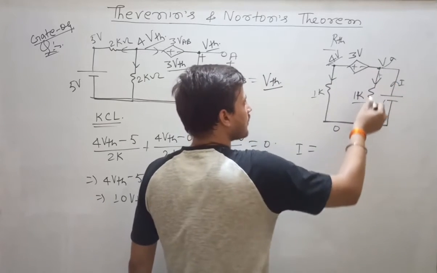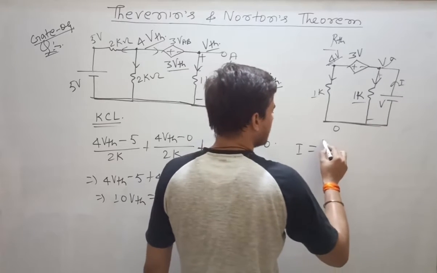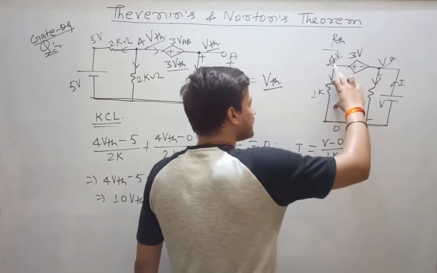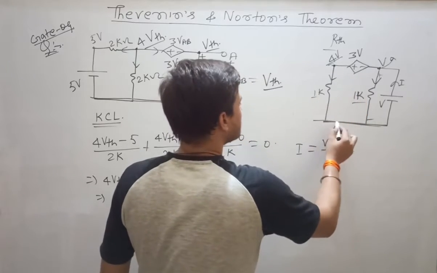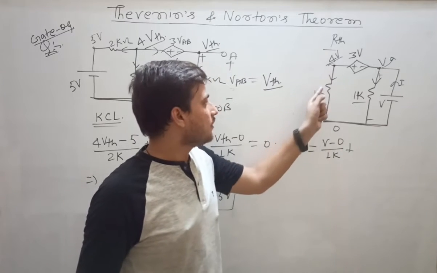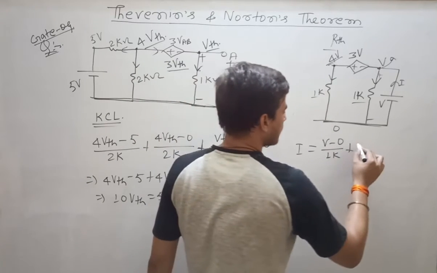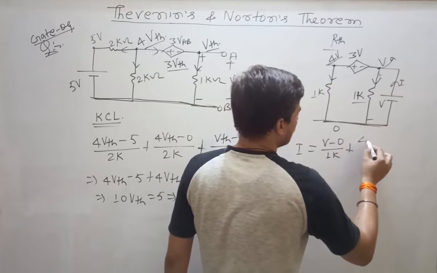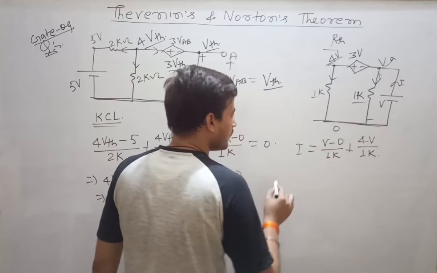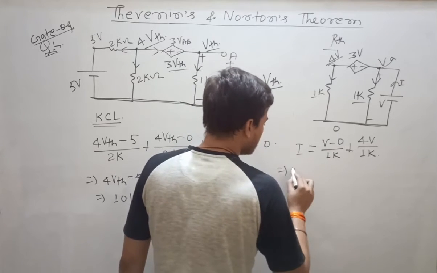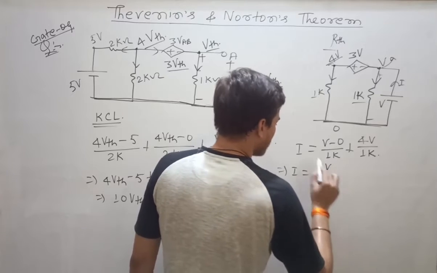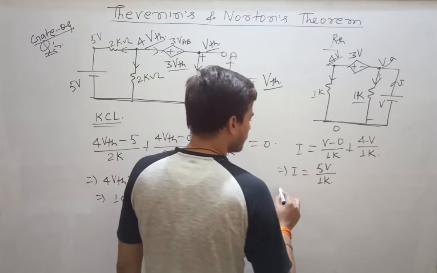This branch current will be (V minus 0) by 1K, plus, if you calculate this current, here the potential is 0 volt and here the potential is 4V, so it will be 4V divided by 1K. That means I is equal to 5V divided by 1K.